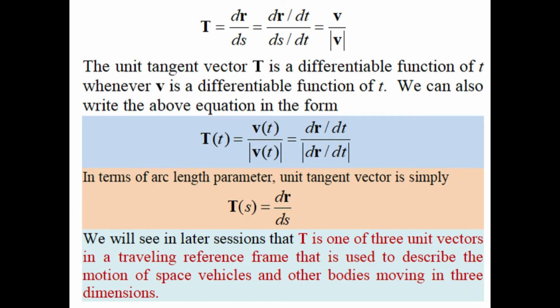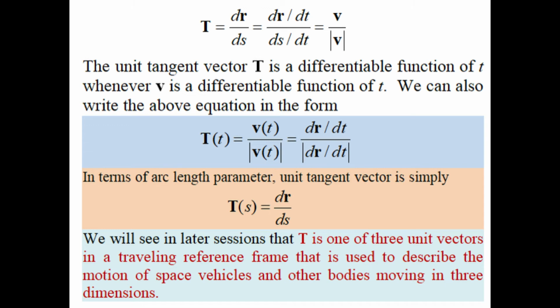That means in terms of the parameter t, unit tangent vector T of t is dr by dt all divided by absolute value of dr by dt, and at the same time in terms of the arc length parameter s, it is simply dr by ds.